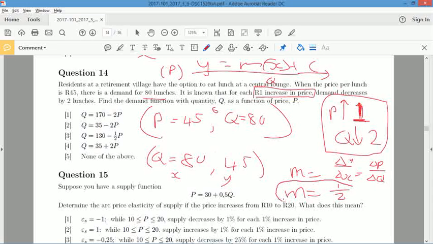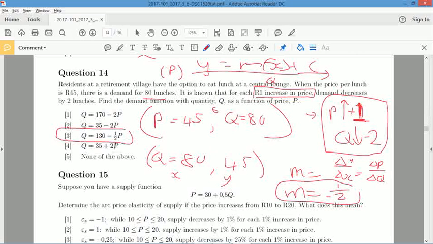That's your m. Because it's a price, 1 rand increase, we didn't put a plus here, a plus 1. Demand decreases by 2, a minus 2. I've put the arrows here. So it'll be a plus 1 and a minus 2, which gives you minus a half. Looking at this, that equation looks good.